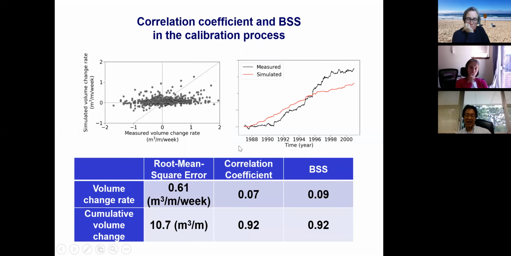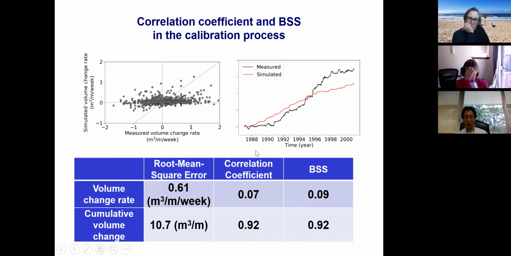This slide shows the root mean square errors, correlation coefficients, and the BSS values for the weekly average volume change rate and the cumulative volume change. As shown before, there is no correlation, so the model could not reproduce the weekly average volume change rate, but the model performance for the cumulative volume change was not so bad.